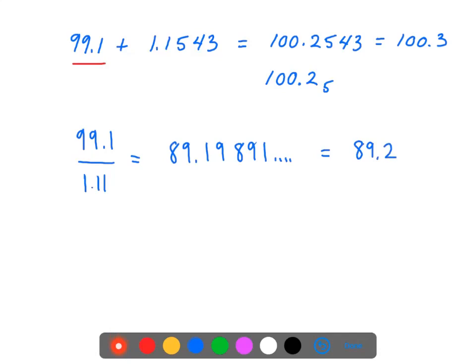Now, if this were part of a greater calculation, you were carrying this through before expressing your final result, you could carry this through as 89.1 subscript 9. And that would be fine to carry that to one additional digit that's not considered significant.